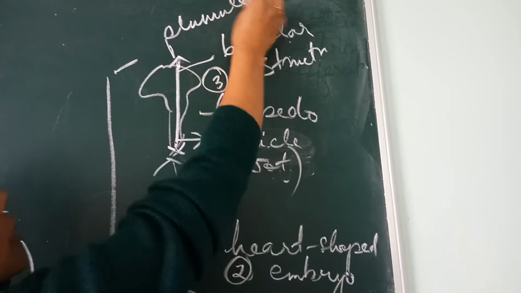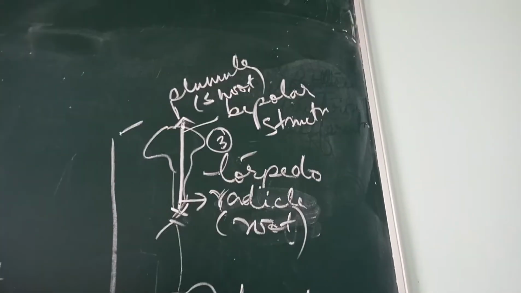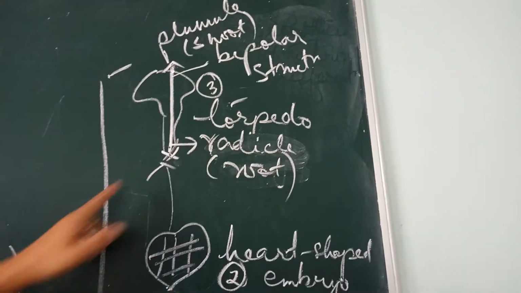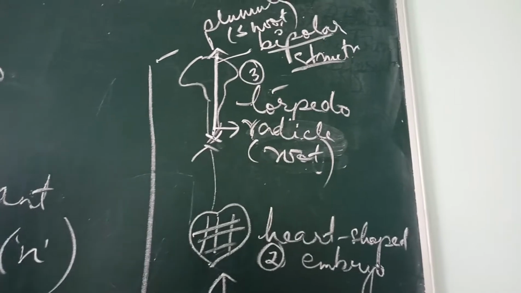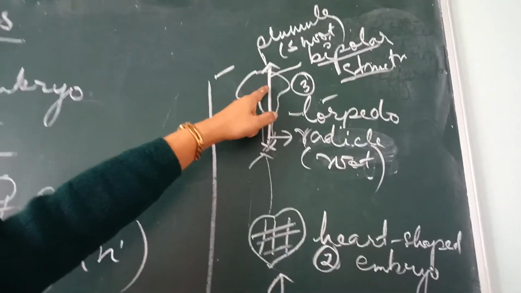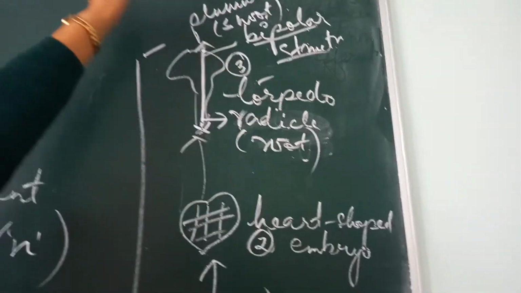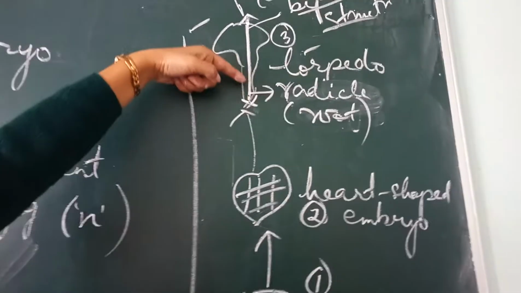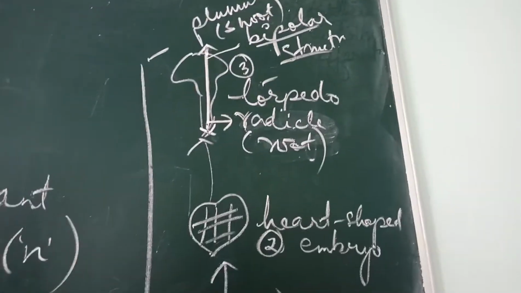It is known as the plumule, and it will give rise to the entire shoot system. So this structure here is a bipolar structure. It has all the information to give rise to a complete plant which has a proper shoot system as well as a complete root system.